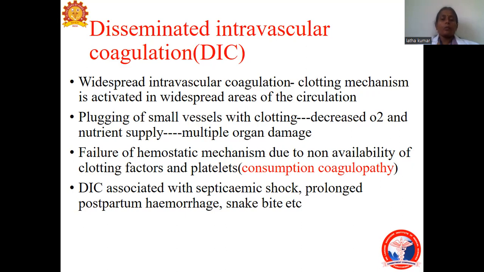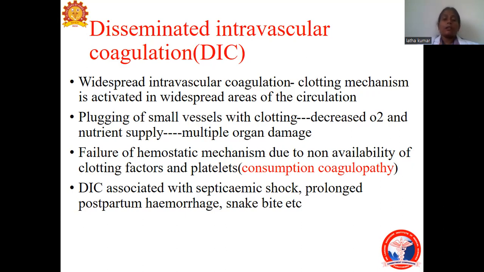Plugging of the small vessels with clots decreases the oxygen and nutrient supply, which leads to multiple organ damage. Failure of the hemostatic mechanism due to non-availability of clotting factors and platelets is called consumption coagulopathy.